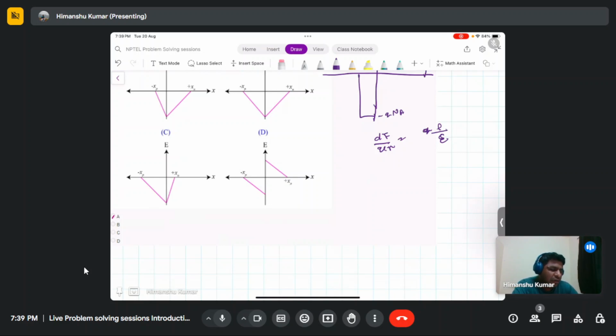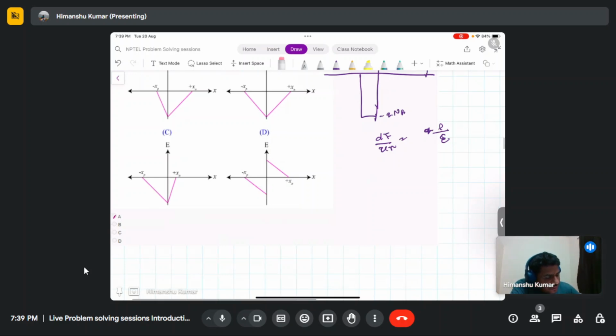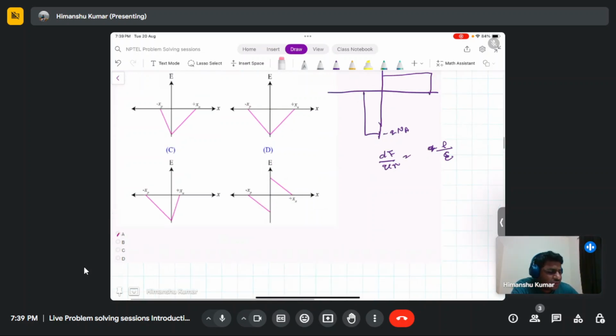Then you can integrate this field. In different regions you need to integrate.